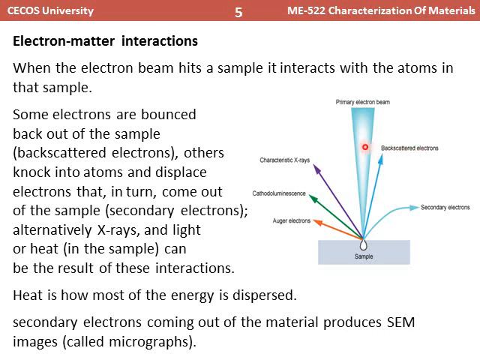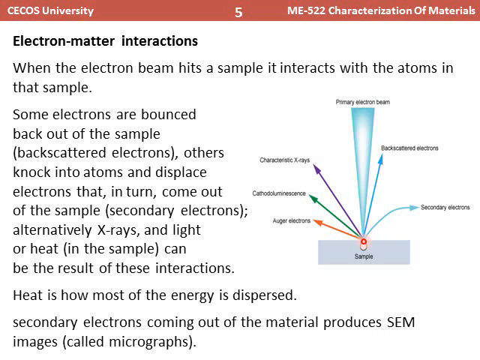The second chance is if this high energy beam electron hits a very teeny small surface area of a specimen, then the chances are this high energy electron transfers some of the energy to the atoms located on the surface of the specimen.